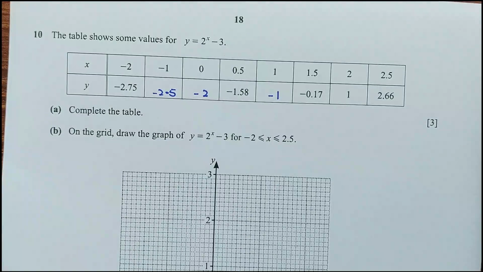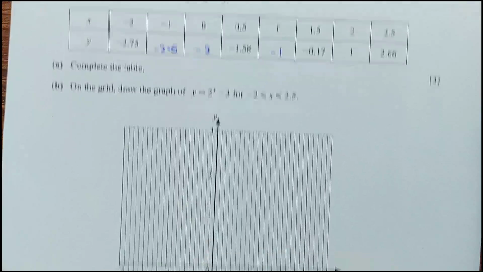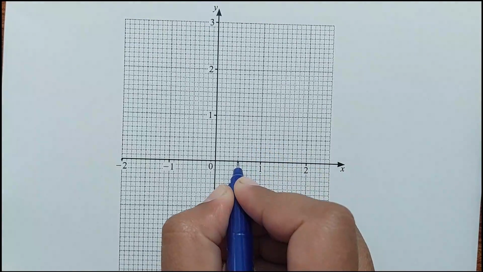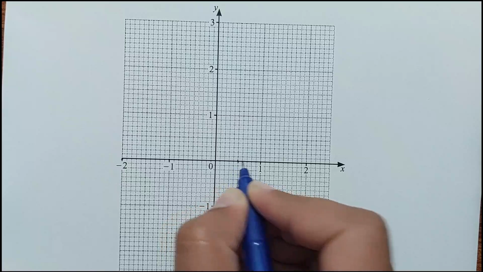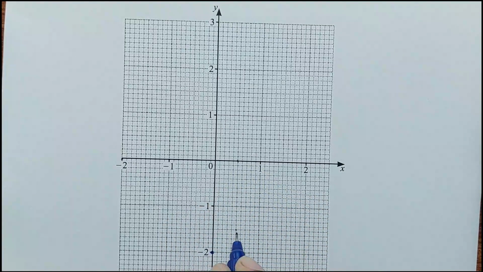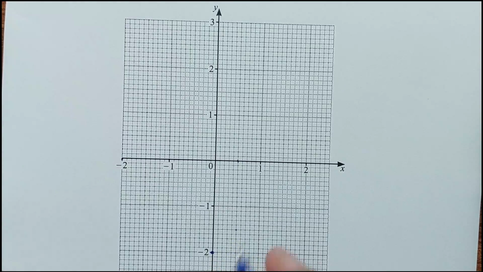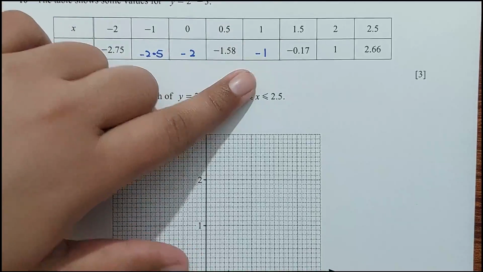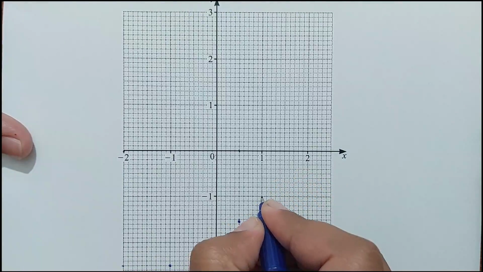Right, x is 0.5, y is minus 1.58. x is 0.5 goes over here, and the value is minus 1.5 and this, and 1.58 is closer to 1.6, right. The next is 1, minus 1. x is 1, y is minus 1.